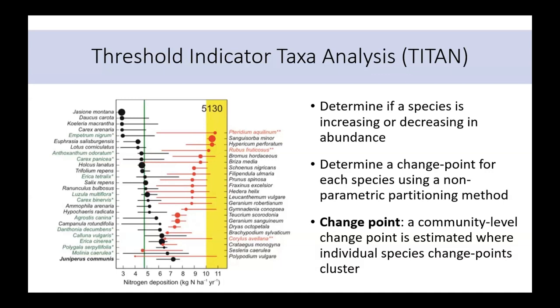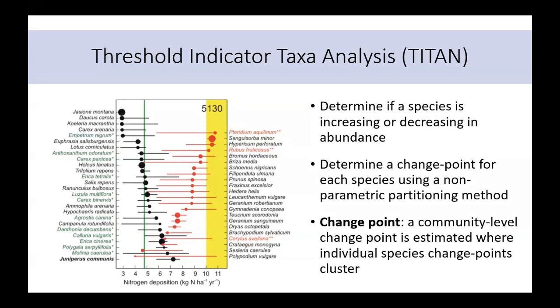It does this separately for the decreasing species that are shown in black and the increasing species shown in red. And it looks for the point along the gradient where the individual change points cluster, or aggregate, and it identifies a community level change point from that information. So that's the one we're interested in for our critical load work.